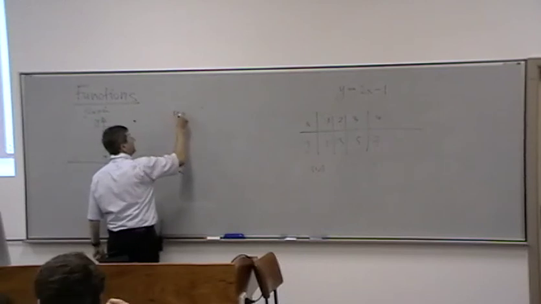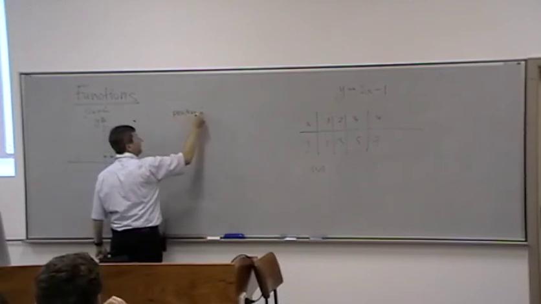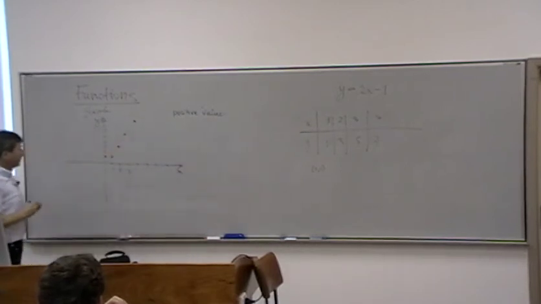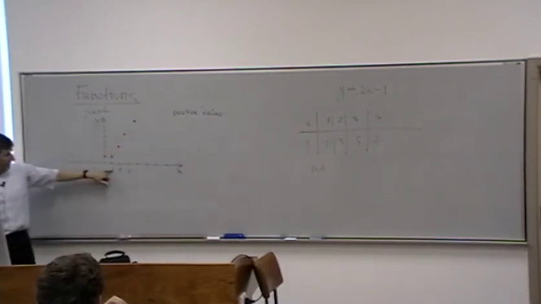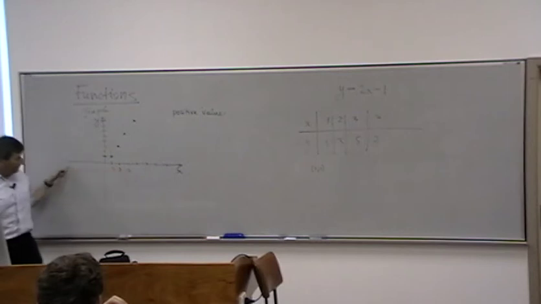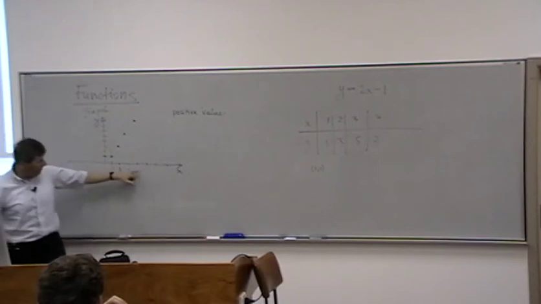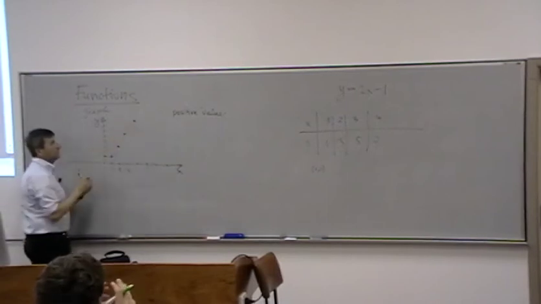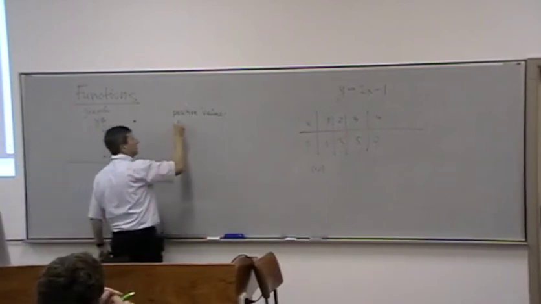So this function has only positive values, which may be already an important observation. We also see here, as I go from the left to the right, I increase the inputs, also the outputs go up. So this is called an increasing function.